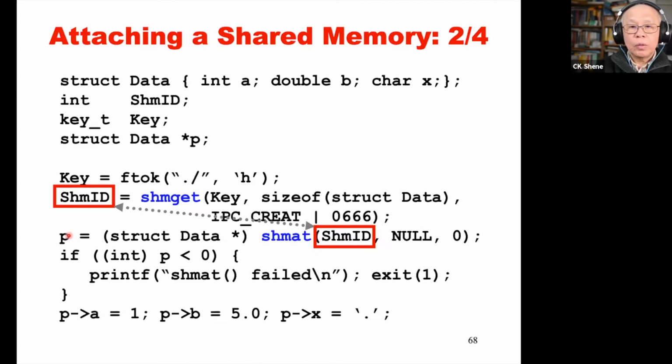But again, we have to watch for whether shared memory attach was successful or not. Now, if shared memory attach failed, then it returns a negative value. So here we have already cast the address to a pointer to that data structure, and to test whether the return value of the shared memory attach is negative, we cast back to integer and do a test.